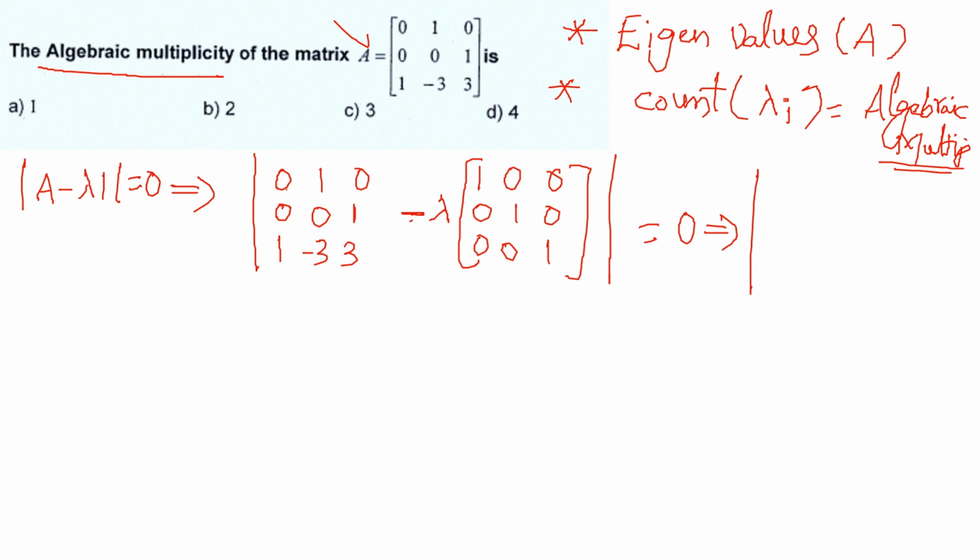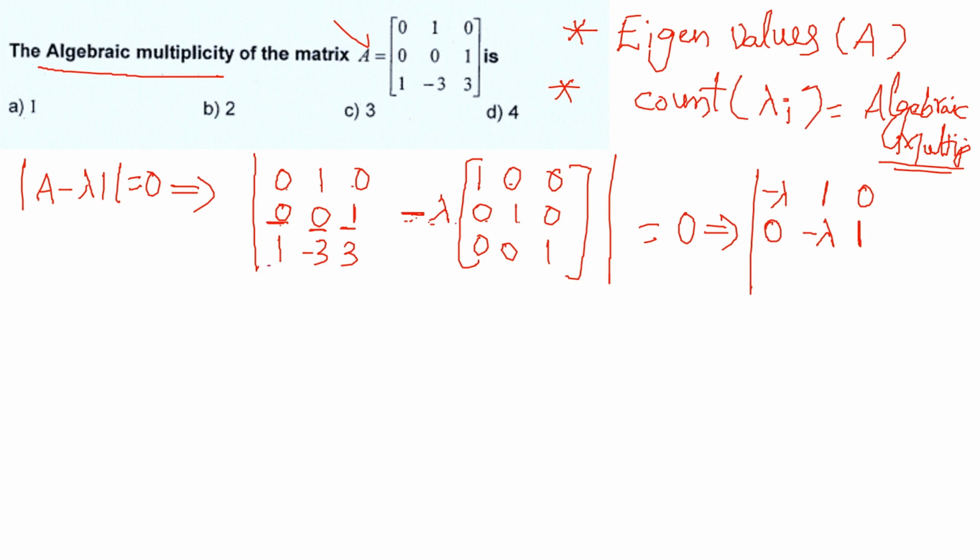Now that yields 0 minus lambda, that is minus lambda. Again 1 minus 0, 1 minus 0 is 1. 0 minus 0, that is 0. Now consider this element, 0 minus 0 is 0. Again consider this, 0 minus lambda, so minus lambda. Third element, that is 1 minus lambda times 0 is 0, so 1 minus 0, 1.